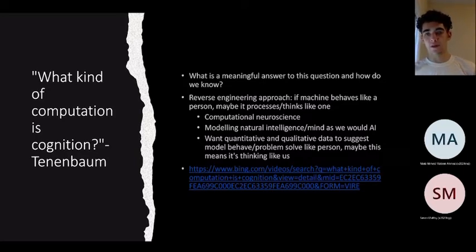It involves modeling natural intelligence or the mind through AI, creating models and using quantitative and qualitative data to compare them to human thought. So you want both kinds of data in order to appropriately compare and say, okay, is this thing behaving like a person? Well, then maybe it's thinking like one.